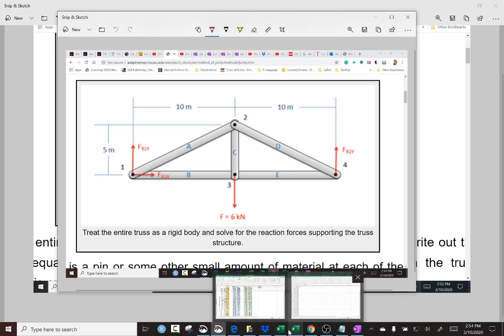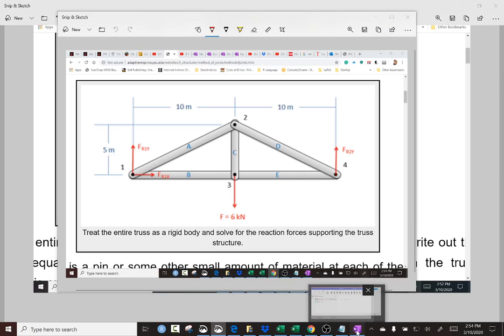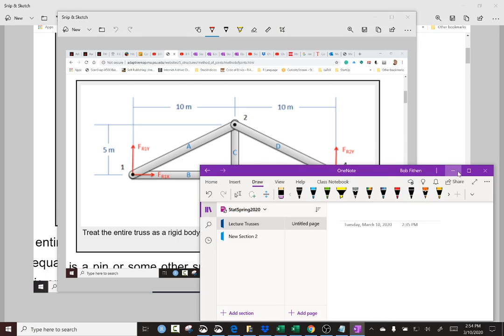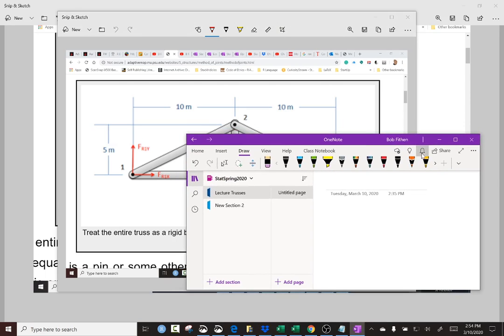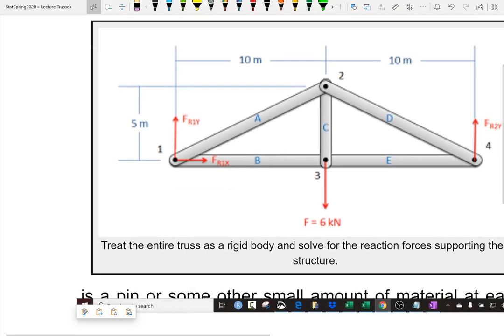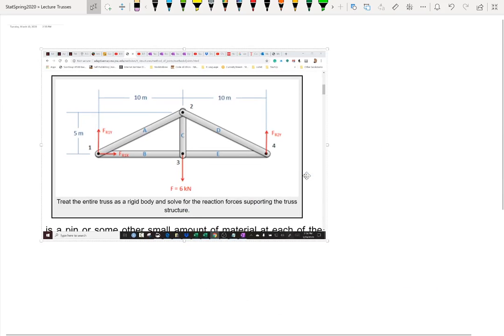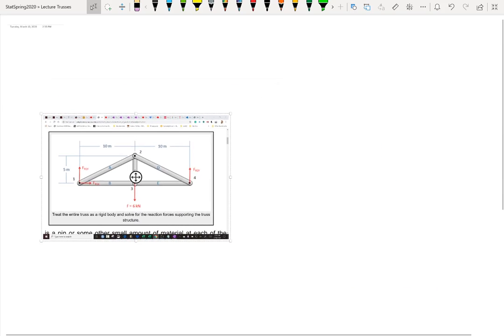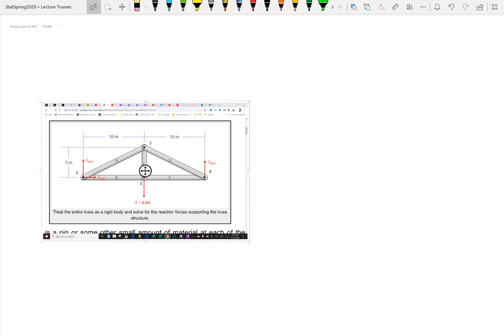But I'm going to go ahead and drop it into my OneNote and go back. I'll just slide it up. If I do this, it makes it full screen automatically. Here, now, it's kind of oversized. Let's just shrink this down a little bit.